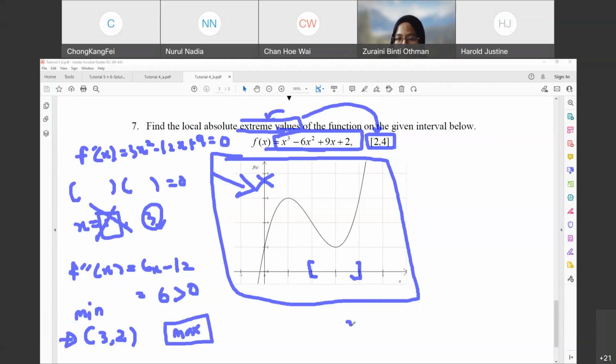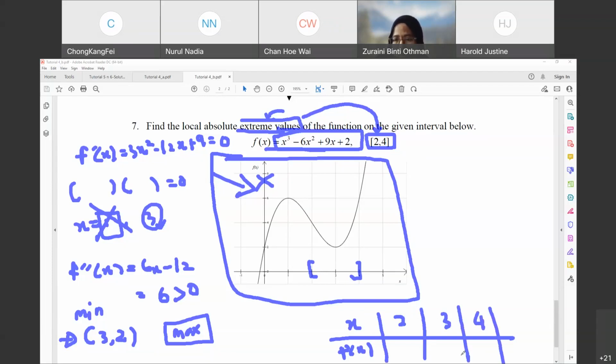Kalau kita ada satu table X and Fx, we find 2, okay, 3 and 4 dekat situ. 3 kita dah tahu. Value Fx dia ialah 2 untuk dia minimum. But we want to know 4. 4 dia sama juga dengan berapa?